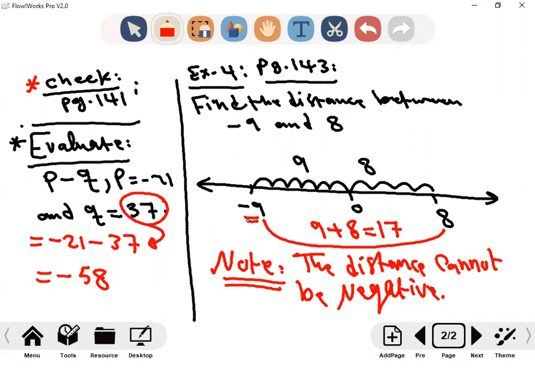Right? What is the distance between 3 and 0? 3. What is the distance between 10 and 0? What is the distance between -5 and 0? 5. Not -5. The distance cannot be negative.